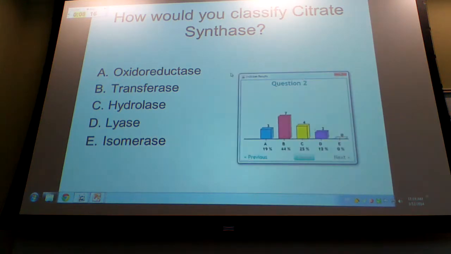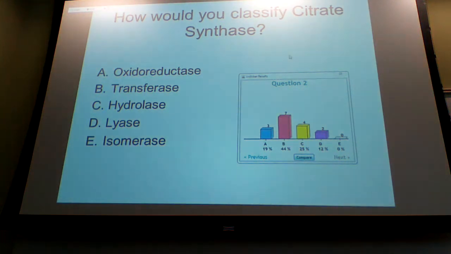Let's see, I would think the most misleading choice would have been the ligase, which is why I left it off. It's not even on here. It's the transferase. What am I transferring? An acetyl group. Yeah, so my acetyl group is the functional group that I'm transferring.